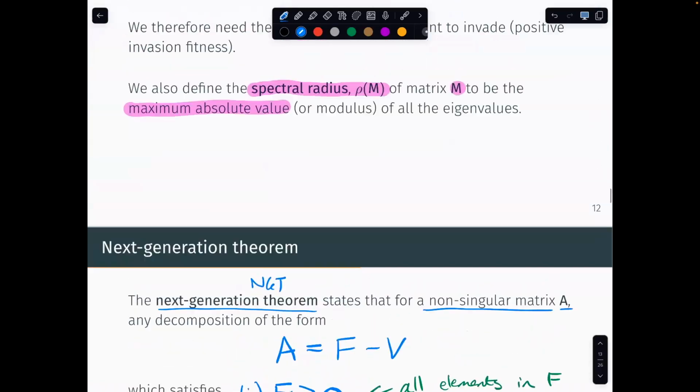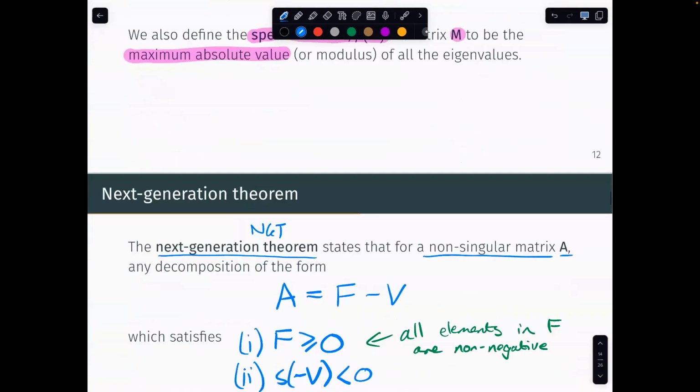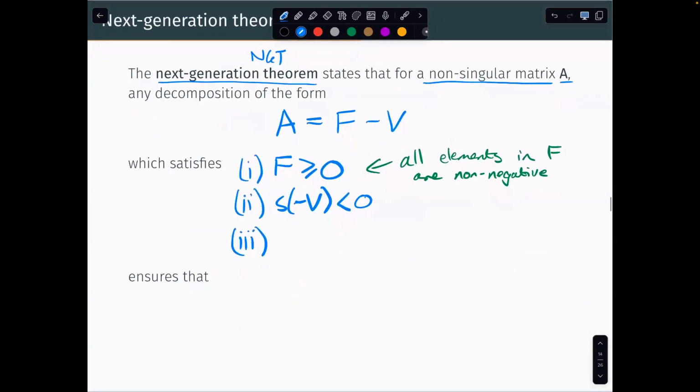In other words, all of our eigenvalues have to have negative real part for our matrix minus V. And then if we take the inverse of V, all of the elements in the inverse of V have to be positive.